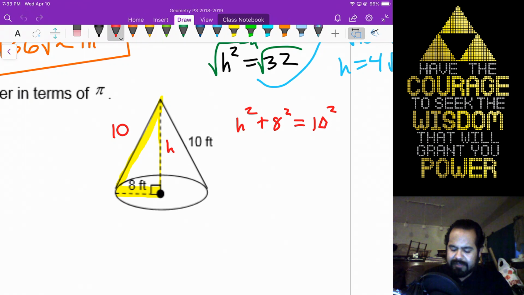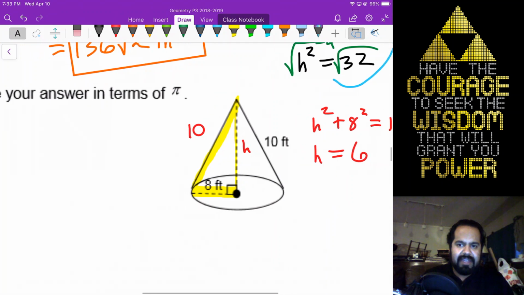I made the circle into a trapezoid. Again, special right triangle. I meant Pythagorean triple. You knew what I meant. So h is going to equal 6. Again, you need to show your work or write how you got it.